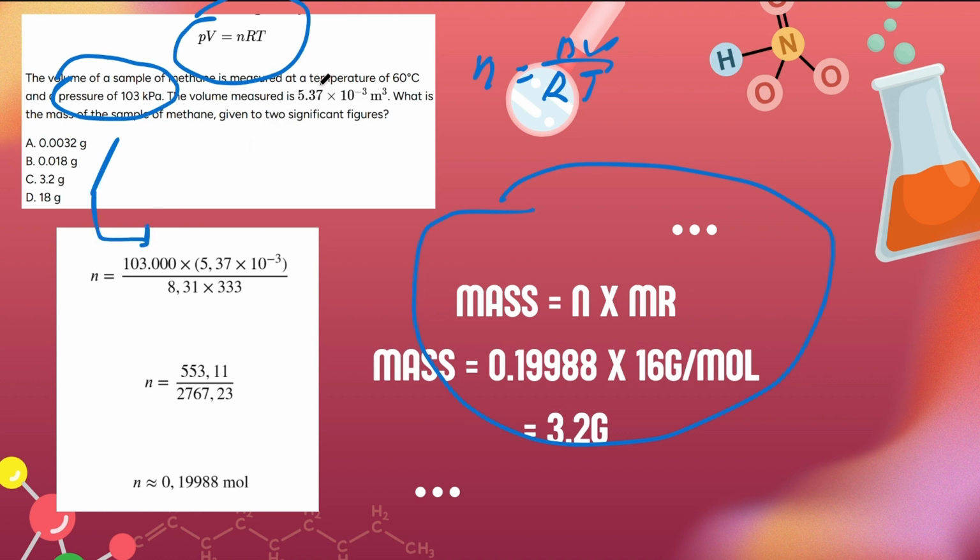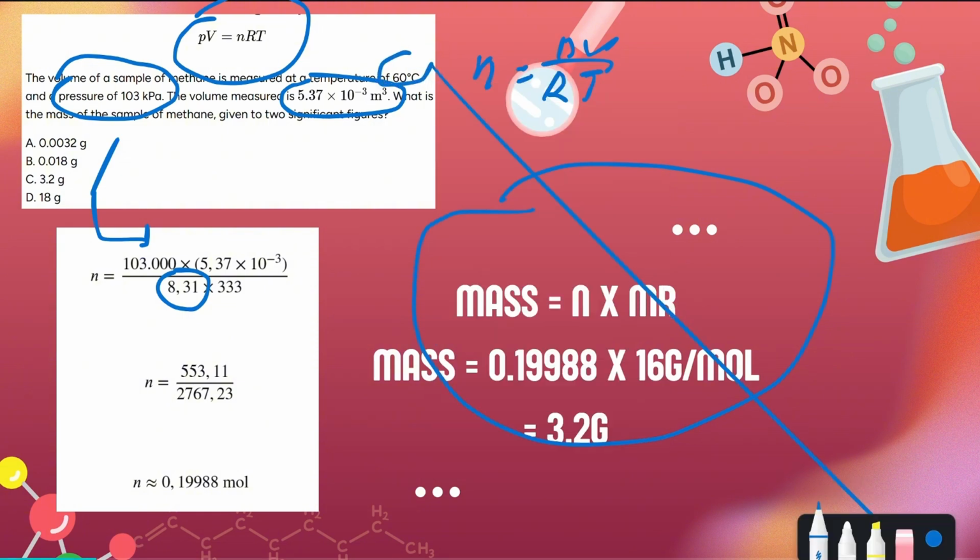And the volume is given here. Ta-da. And then the R is a constant, which we always use as 8.31. And then for the temperature, why is it suddenly 330? We can see here it is 60, right?